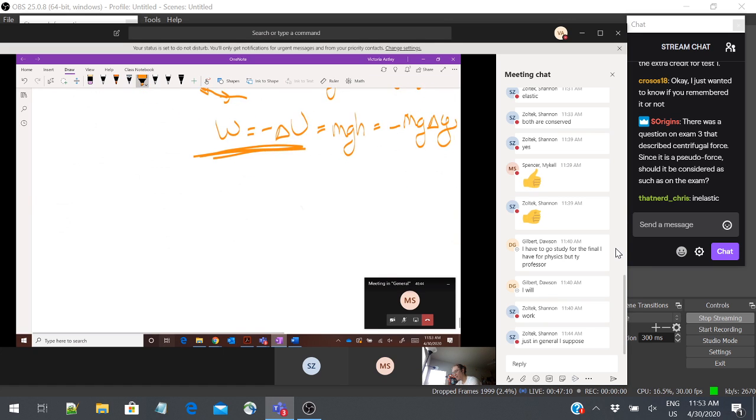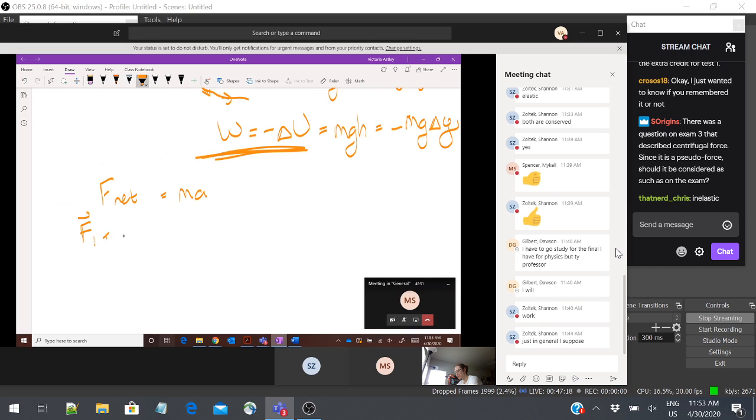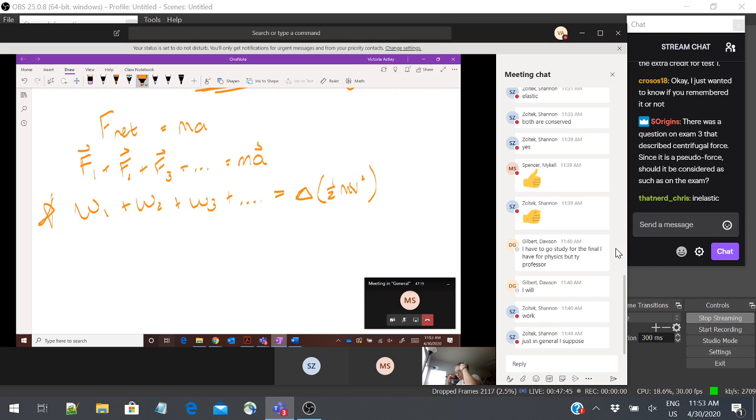So generally, instead of doing F net equals MA, where I added up all my forces to get A, instead you're adding up all of the work, and that gets you the change in your kinetic energy.